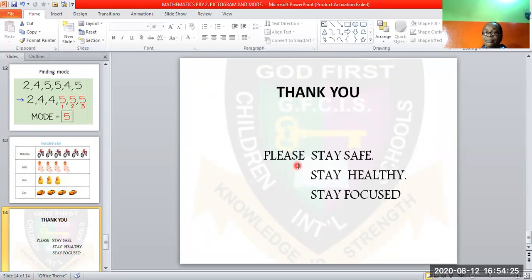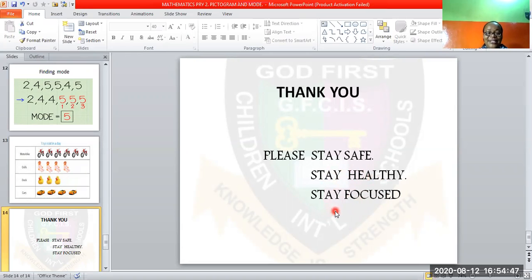We also say, please stay safe, stay healthy, and stay focused. Don't lose your focus. Maintain your focus. Being the best takes effort. Therefore, focus to come out best. Is that clear?